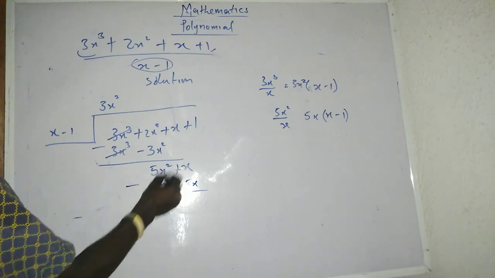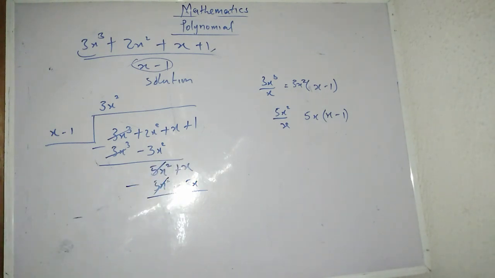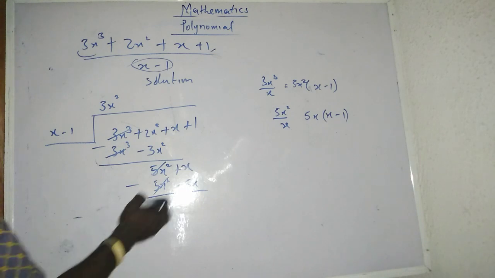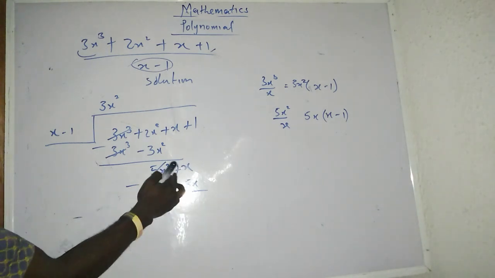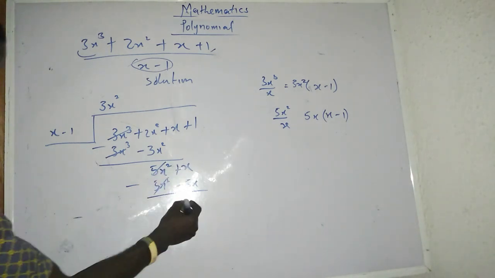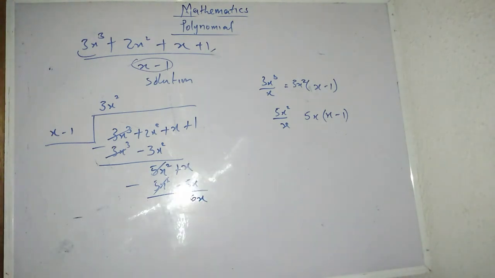I will also move on by having this will cancel this. If I have minus and I have minus, this one will be minus what? Okay, I have 6x.